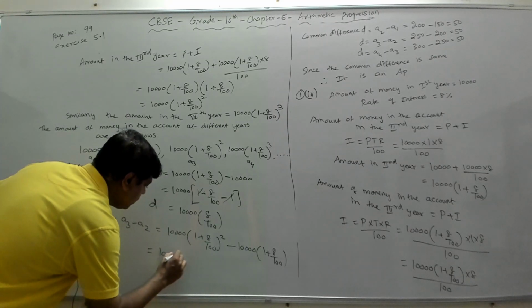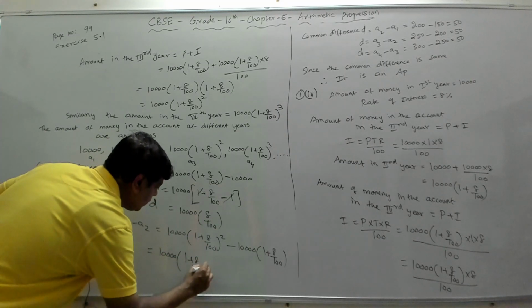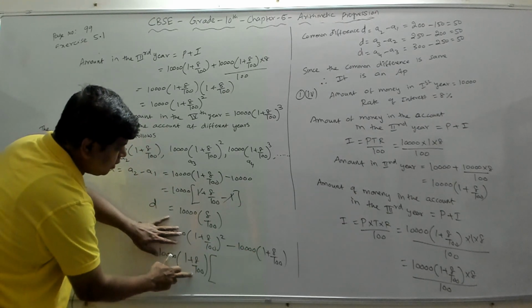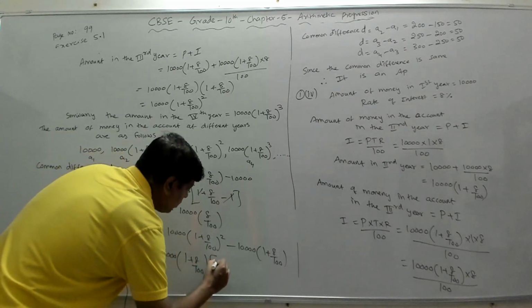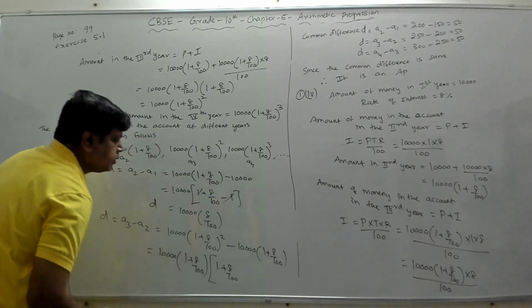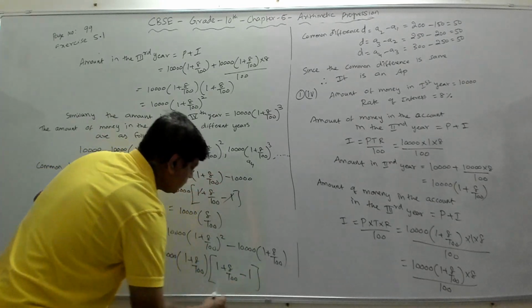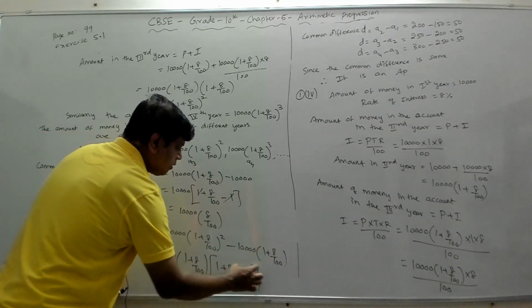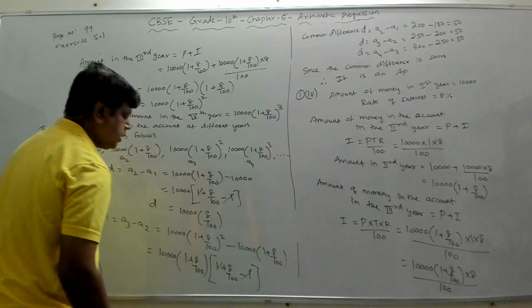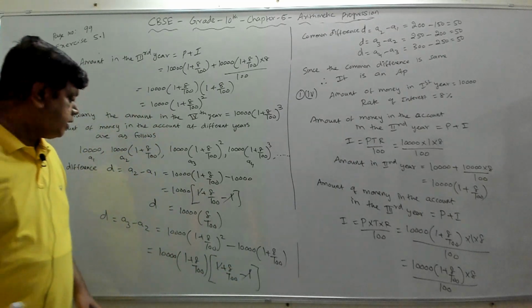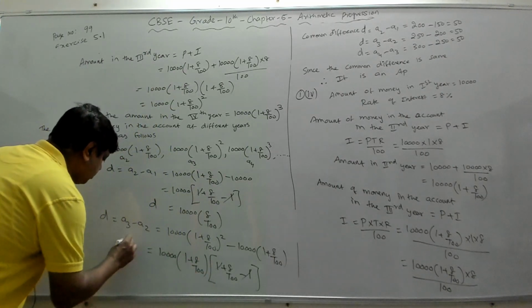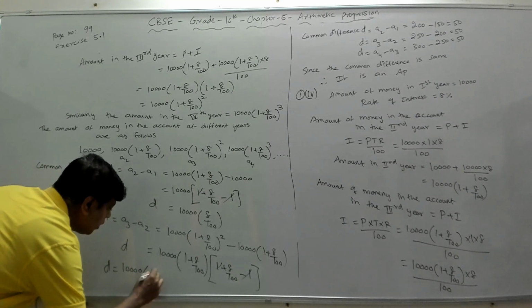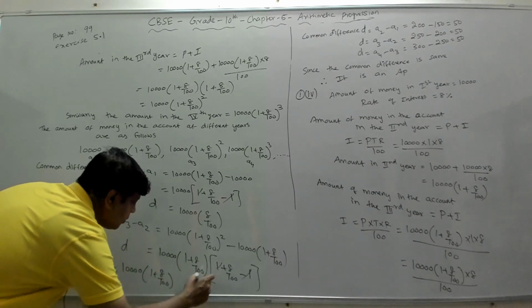If I take 10,000 into (1 + 8/100) common from both, one factor of (1 + 8/100) remains, minus 1. The 1 and the 1 will get cancelled. So finally d equals 10,000 into (1 + 8/100) into 8/100.